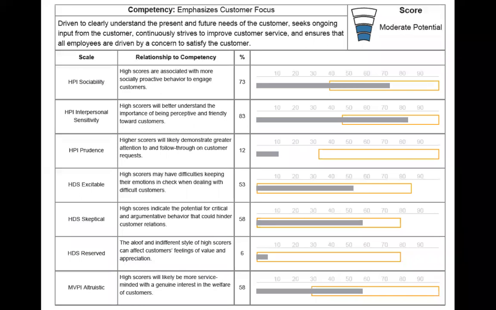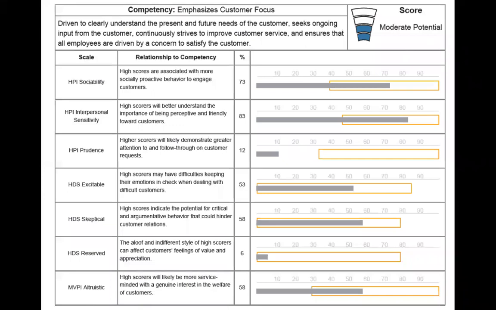And then as you can see in this example, we use the band, the orange box, to define an acceptable range, i.e. in the window with respect to this basic personality trait to deliver with respect to the competency in our model. So this is a competency on emphasizing customer focus.